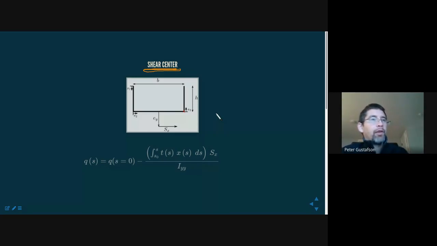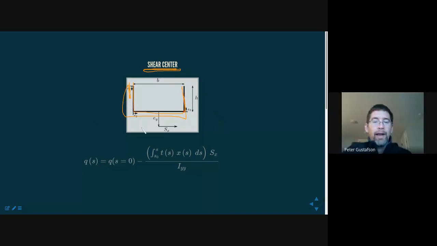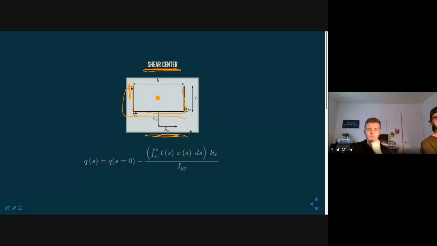What I will say is for closed sections, we're sort of looking at open sections, right? So this one's open. When it's open like this, then the centroid, for this particular problem, would be about in here somewhere, but the shear center is way down here.